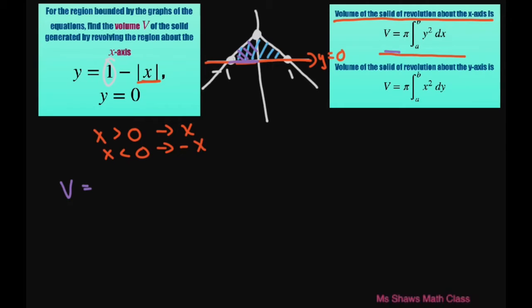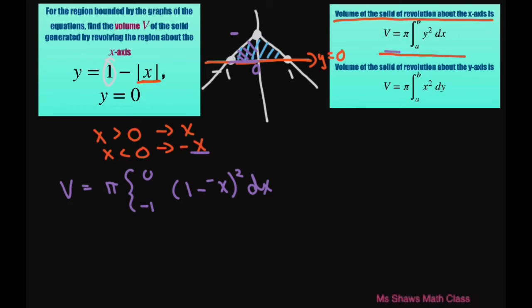All right. So when you set up using this formula, you're going to do the volume equals pi, and then from negative 1 to 0, we're going to have 1 minus, and this is negative here, so that's going to be minus a negative x, and then you square it, dx.